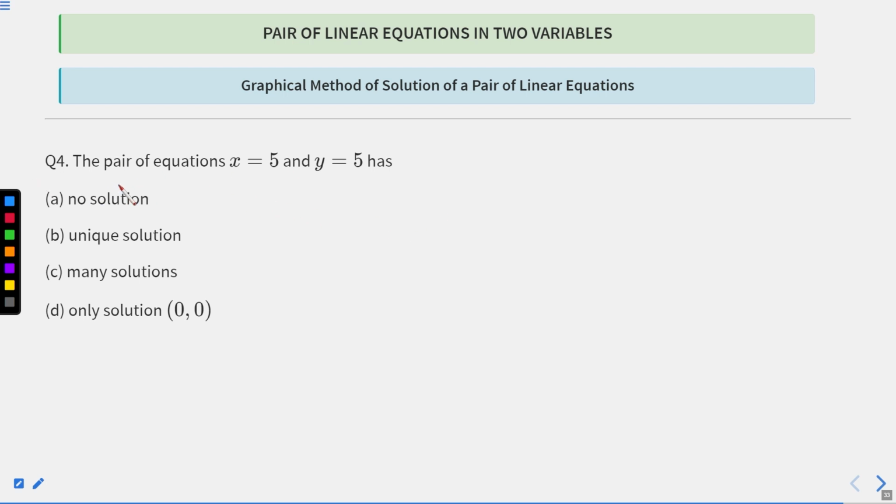In question number 4 we have the pair of linear equations x = 5 and y = 5. Here we will use the graphical method of solution of a pair of linear equations. We can draw the graph of the equations x = 5 and y = 5.